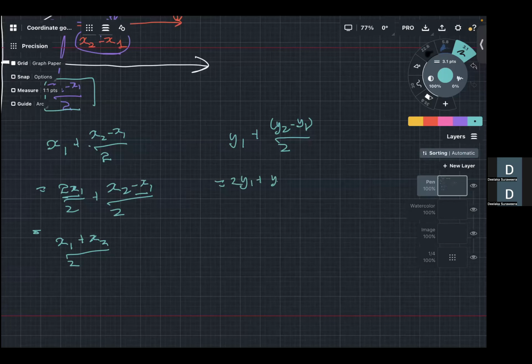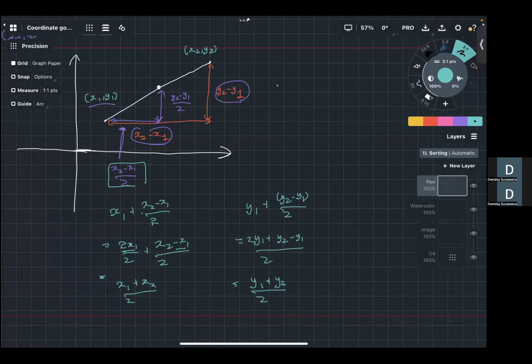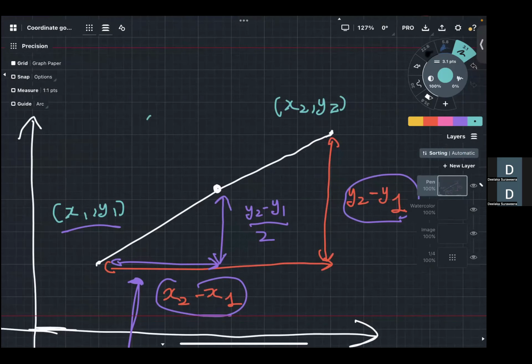Then 2y1 plus y2 minus y1 over 2 is the same thing: y1 plus y2 over 2. And that's the formula. The midpoint is x1 plus x2 over 2 and y1 plus y2 over 2.